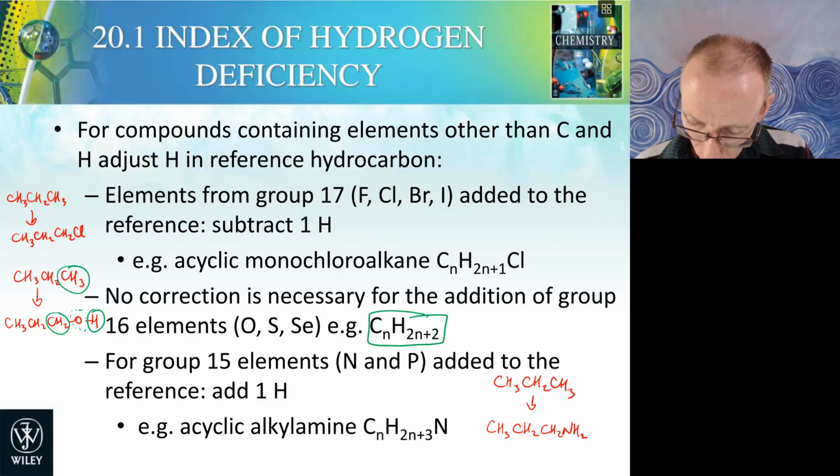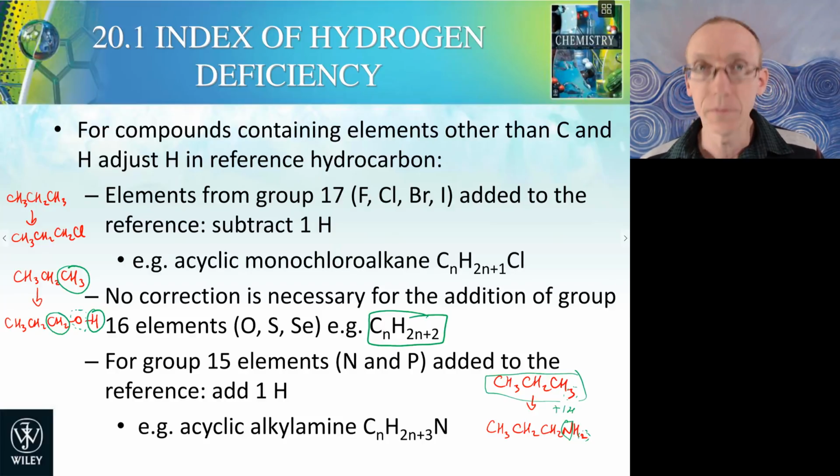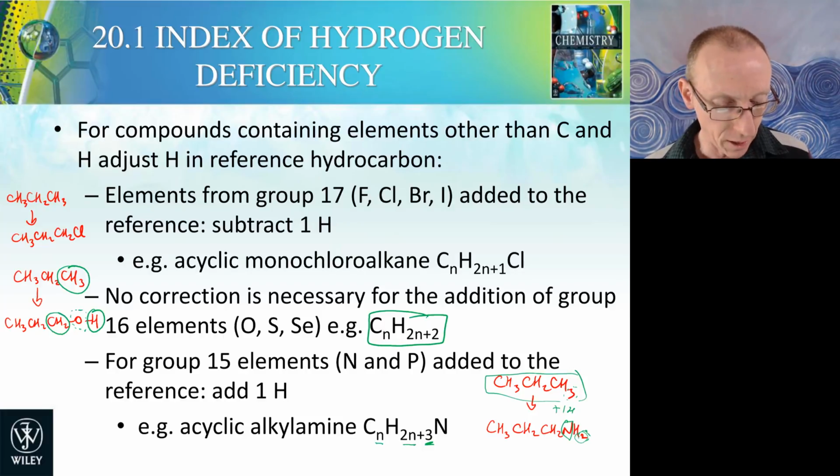In this case, we've got rid of one of these hydrogens, but we've replaced it with two hydrogens and added this nitrogen. So overall, we've gained a hydrogen versus the parent hydrocarbon. So plus 1H in going from propane to propylamine. Therefore, our formula is going to be CnH2n+3 now. Instead of plus 2, we now have this extra hydrogen being added. So these are our reference molecular formulas we can use when we work out that index of hydrogen deficiency.